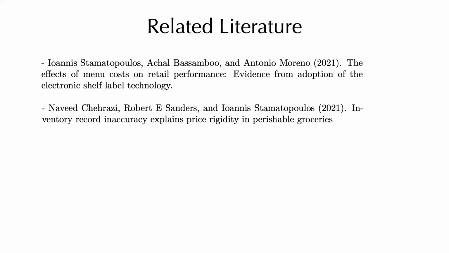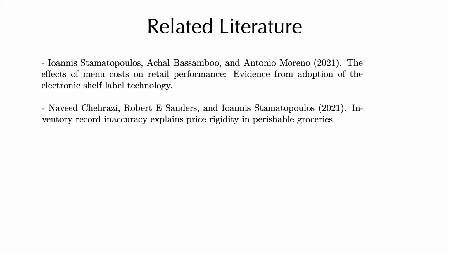When you have digital labels, it's a lot easier to change prices, so they look at the effect of that in terms of menu costs and dynamic pricing strategies. And the bottom one, with Naveed and Robbie, looks at explaining how inventory record inaccuracy and menu costs explain price trajectories in grocery retail.